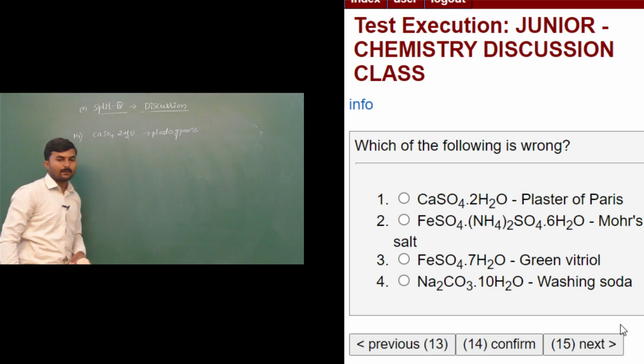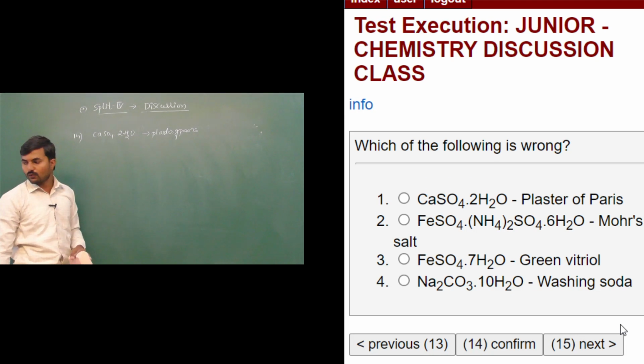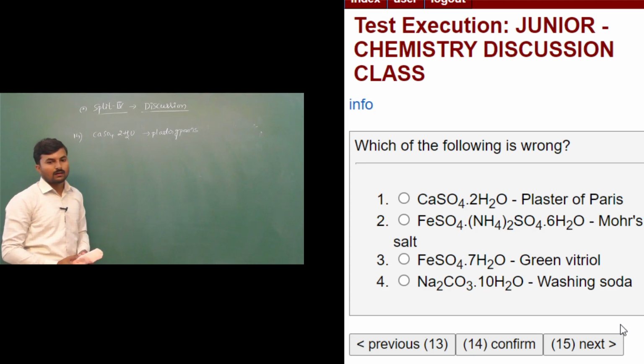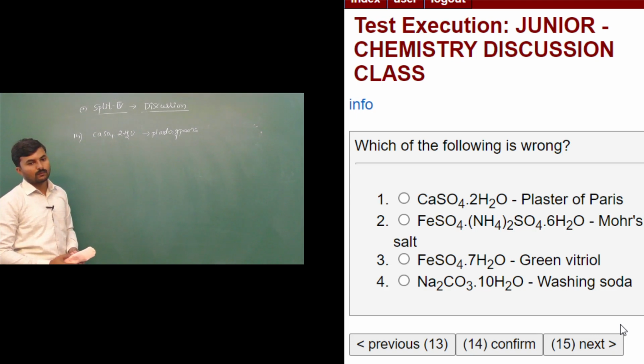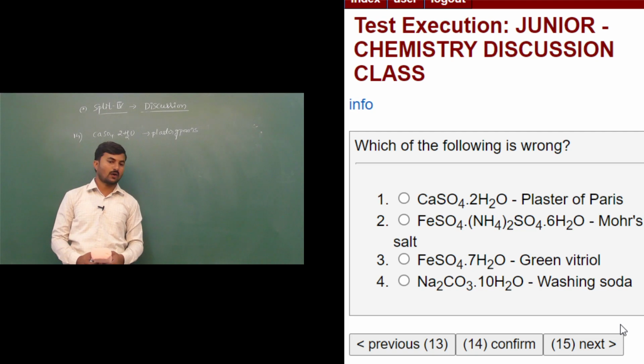And the second one is FeSO4 (NH4)2SO4 6H2O, collectively called ferrous ammonium sulfate. In general, it is called Mohr's salt.